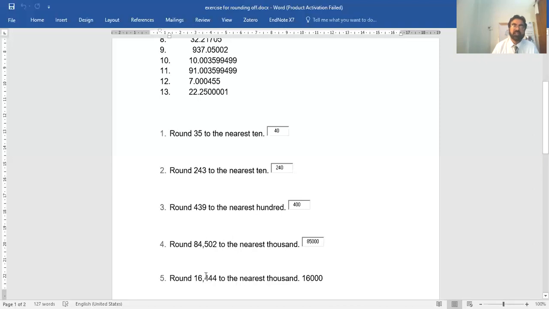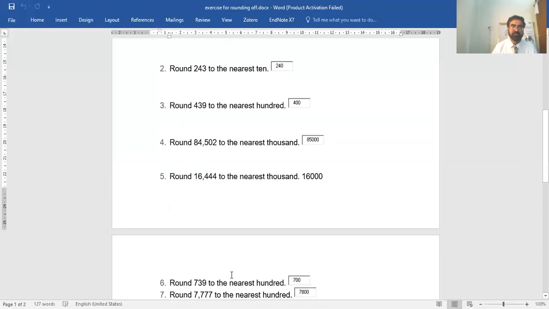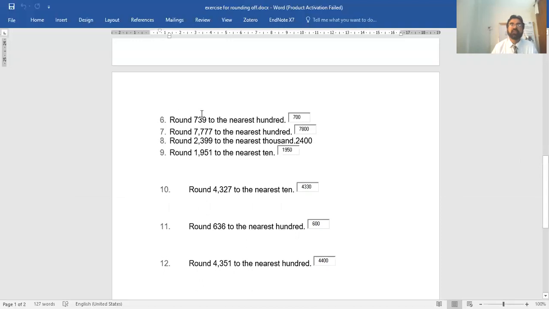The reason is, these digits are less than 500, meaning the third digit from the right is less than 5, so you have to remove all the digits, and it becomes 16,000. Rounding 739, it will become 700, because in 39 the 3 is less than 5, so you cannot convert it into 750. It will become 700.